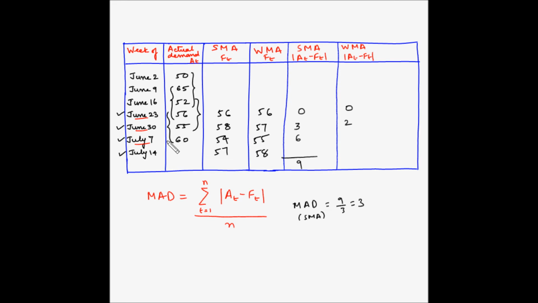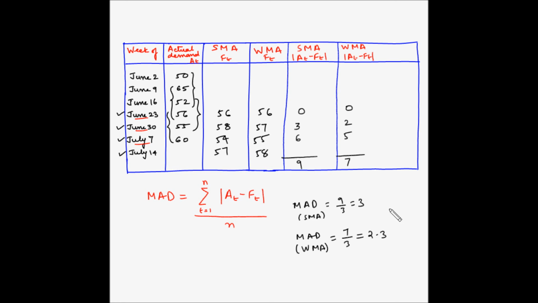For the week of July 7th, actual is 60, forecast is 55, 60 minus 55 is 5. Now taking the sum, 0 plus 2 plus 5, this is 7. So mean absolute deviation in case of weighted moving average will be equal to 7 divided by 3, which is equal to 2.3.